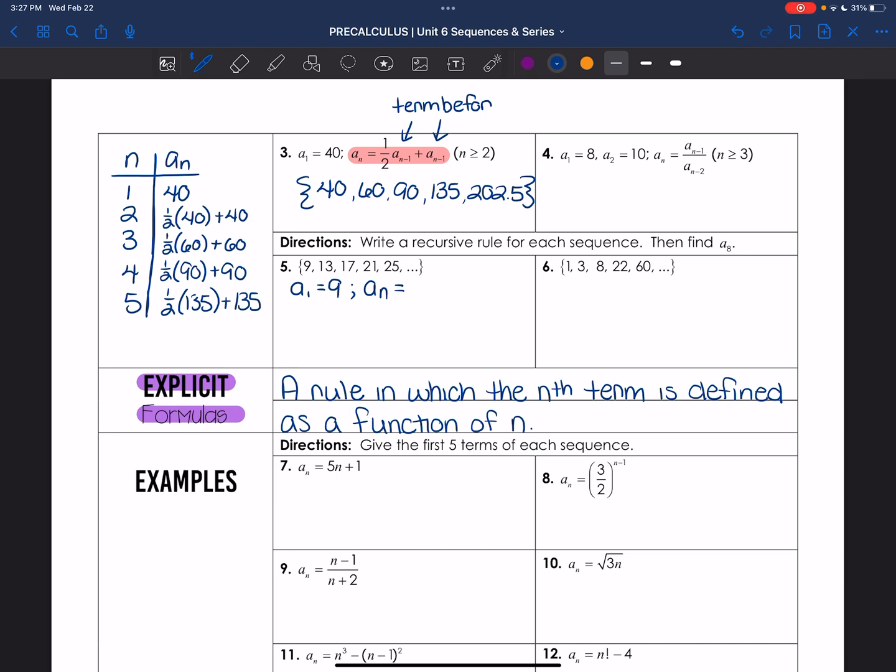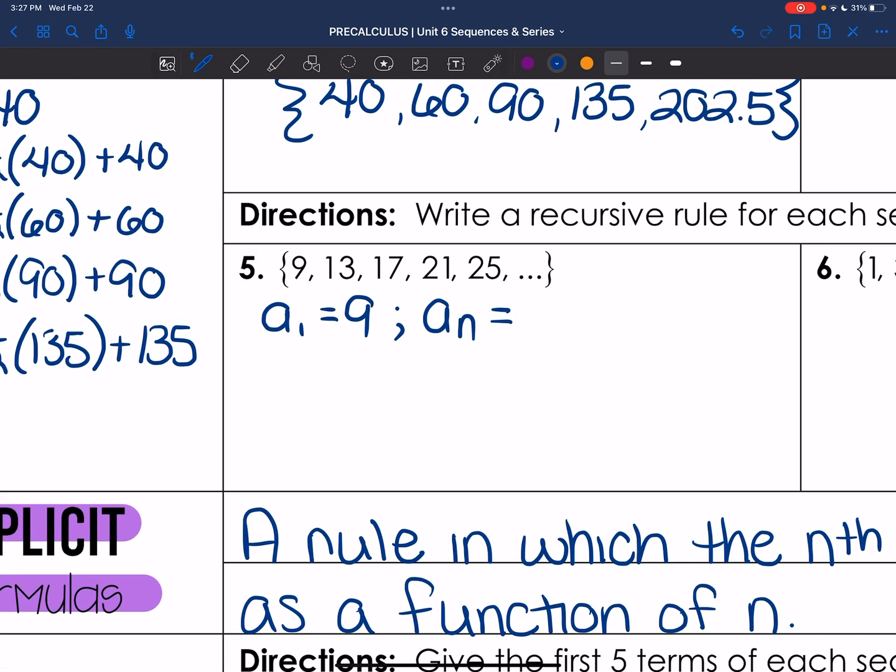Let's compare these terms with one another. What did I do to 9 to give me 13? What was the step between here? It looks like to go from one to the next, I would add 4. Is that consistent? Yep, consistently adding 4 to go from each.